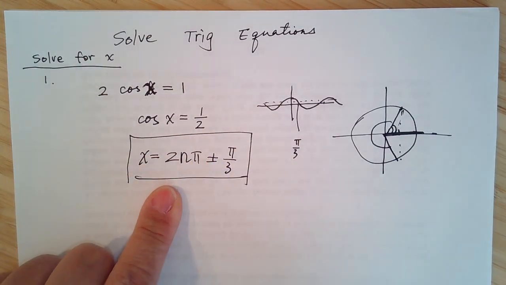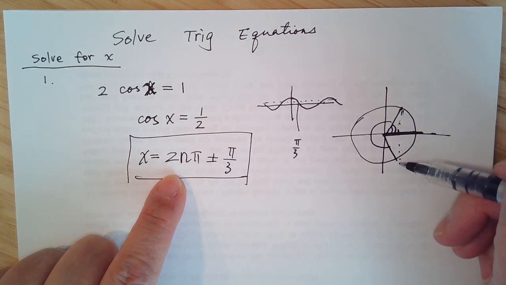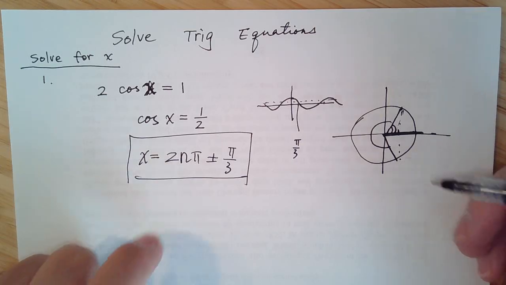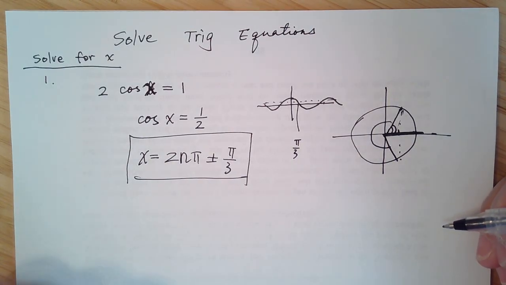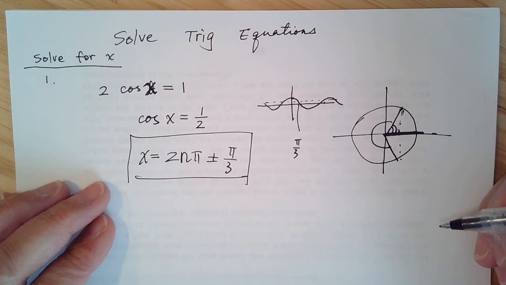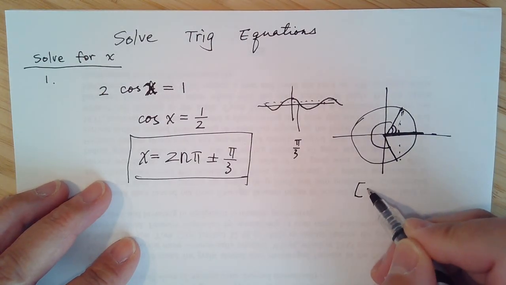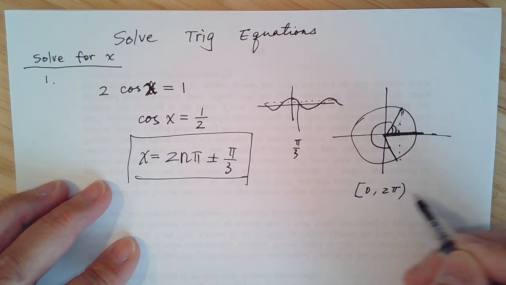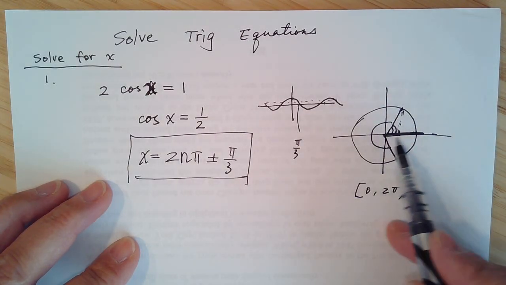So any angle, as long as it's 2n pi plus or minus pi over 3, I get my cosine value to be 1/2. If I ask you to solve it, and given that x is on the interval from 0 to 2 pi, usually they go from 0 to 2 pi because there's no repeat here.